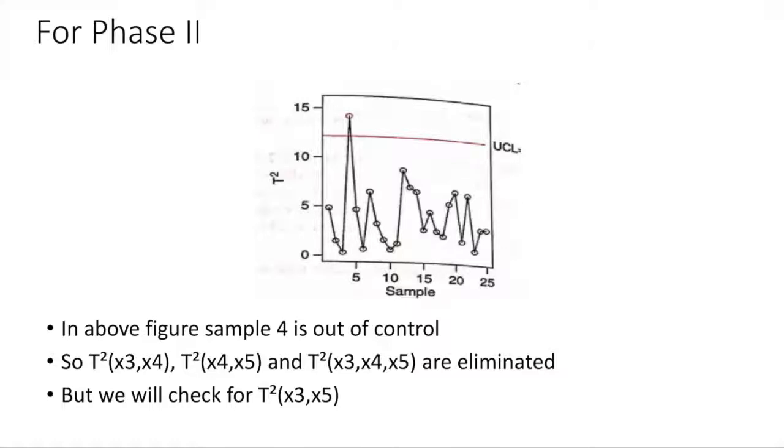So in this chart, the fourth sample is out of control. For that, we will exclude the t-square values for x3, x4 and x5. But still we have to check the values of t square for x3 and x5.